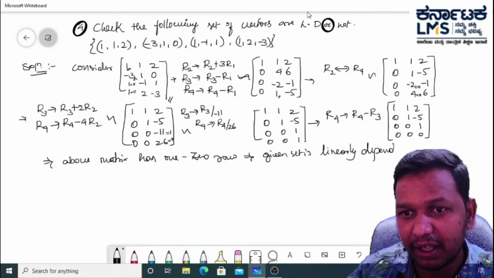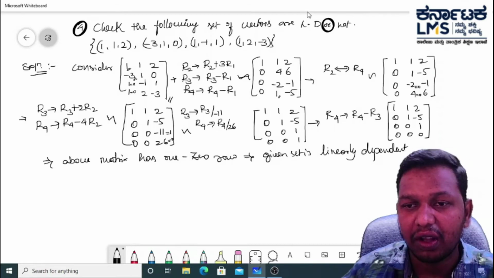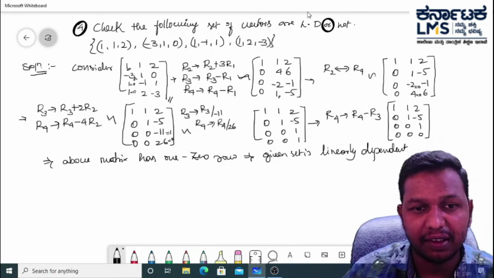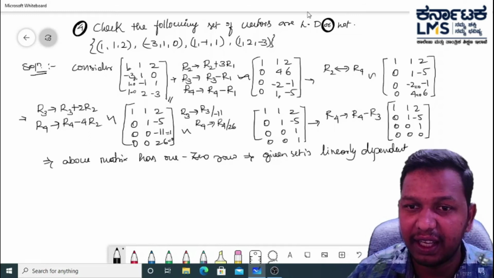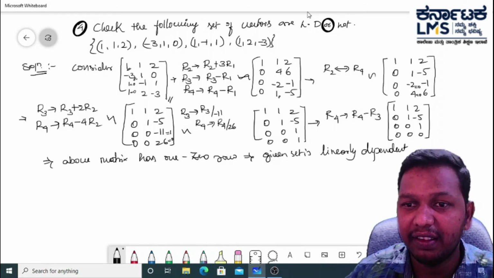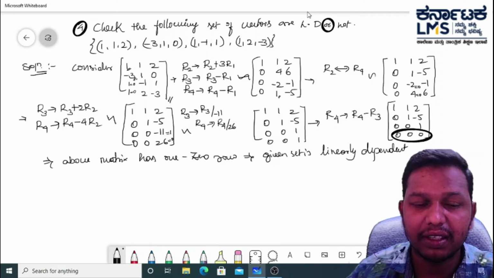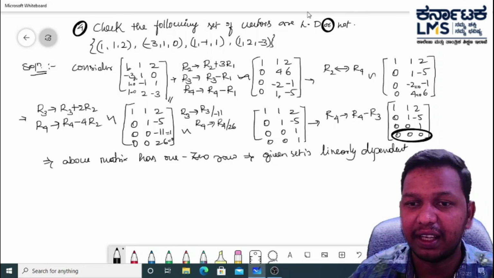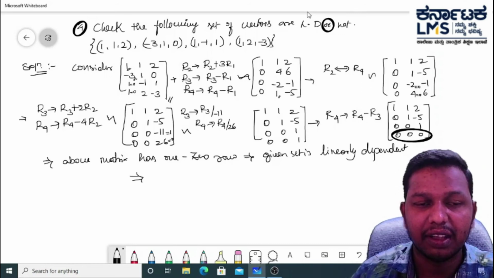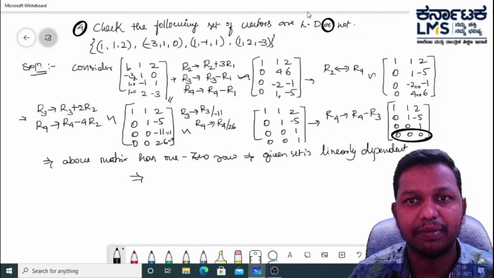If the given matrix does not have any zero rows, then it is linearly independent. Since this one has a zero row, hence it is linearly dependent. This completes the solution. Thank you.